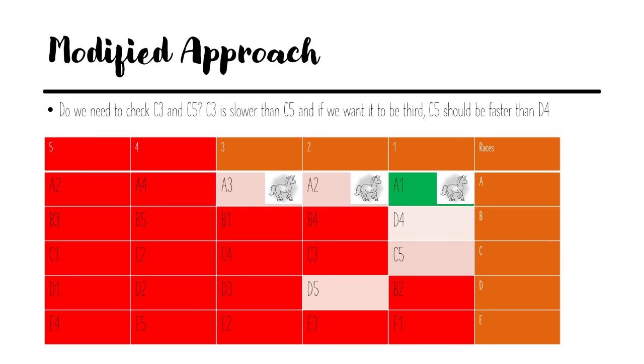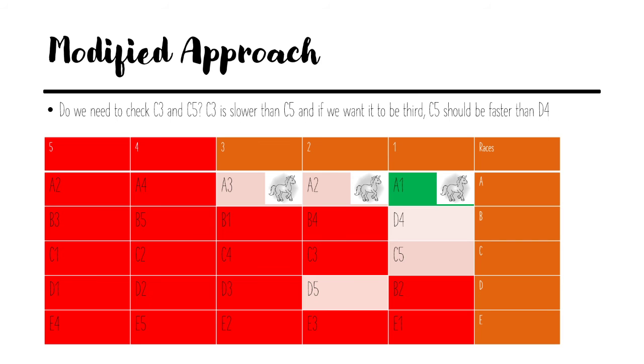C3 has been eliminated because it's slower than C5, and we already know that C5 is slower than D4. So if C5 was faster than D4, then C3 would be a contender. But now C3 is not a contender because it's per definition slower than C5, and otherwise C5 would have ended up faster. So that's why C3 is not a contender.